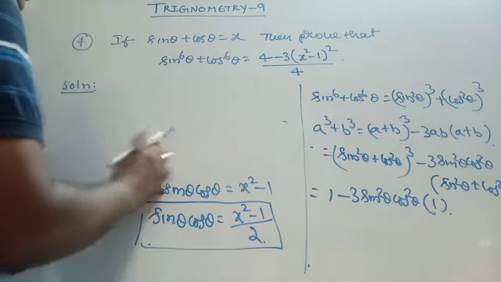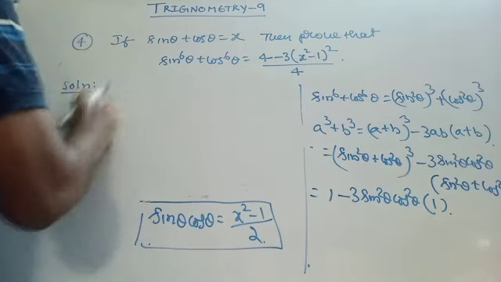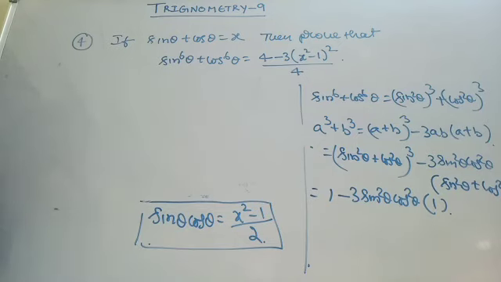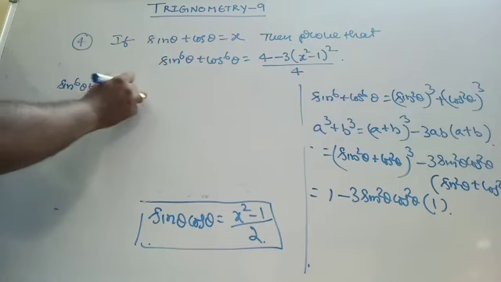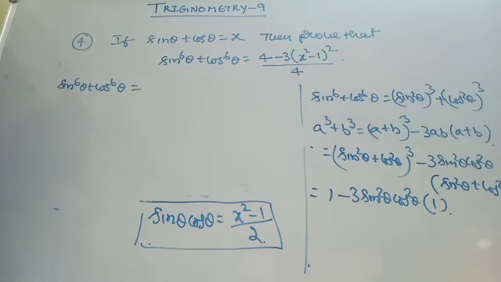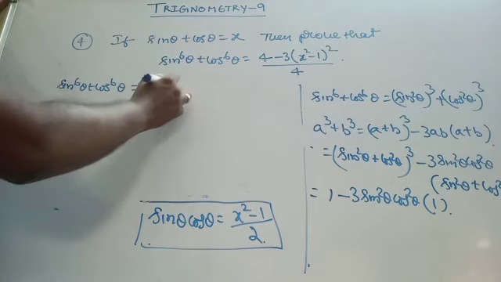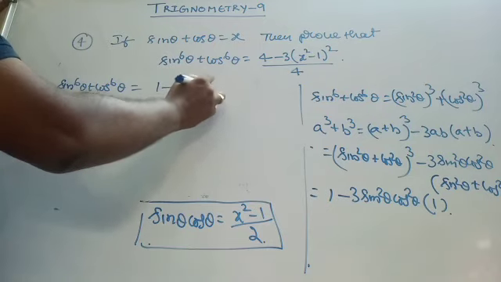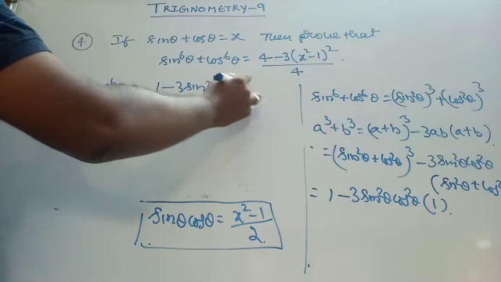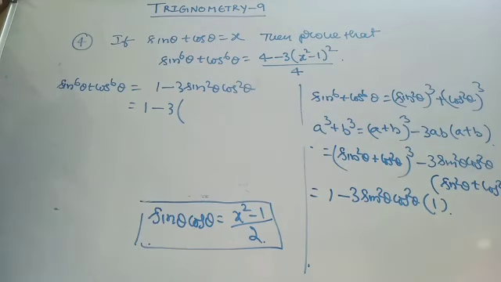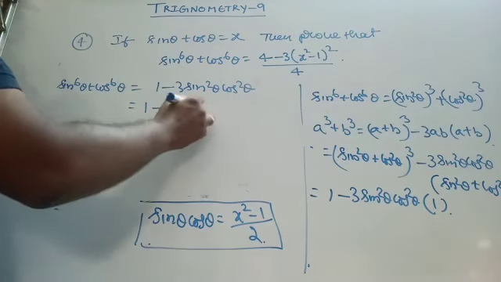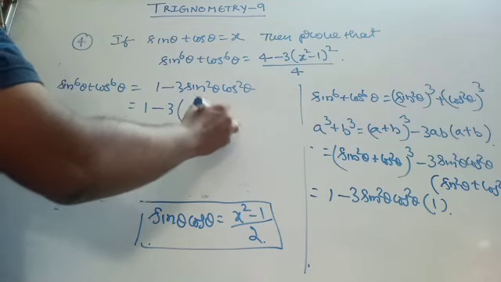Now the total thing, sin power 6 theta plus cos power 6 theta, we have got as 1 minus 3 sin square theta cos square theta. Let us put 1 minus 3 into sin theta cos theta, which we know is x square minus 1 by 2, so this is (x square minus 1 by 2) whole square.